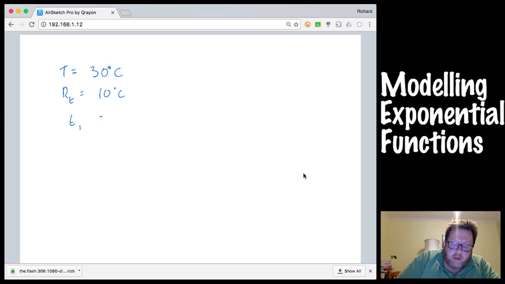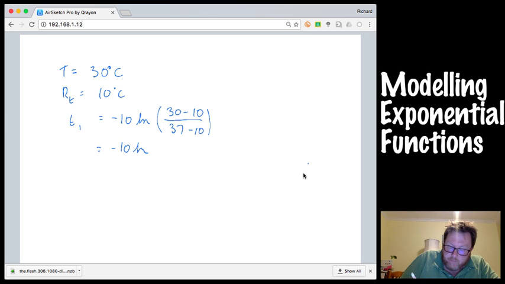So that would look like negative 10 ln of (T, which is 30, minus the room temperature, which is 10) over (37 minus 10). We can simplify that a bit, which equals negative 10 ln of (30 minus 10, which is 20) over (37 minus 10, which is 27). We'll just leave it there for the time being.